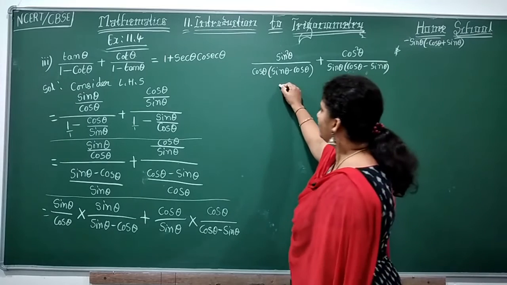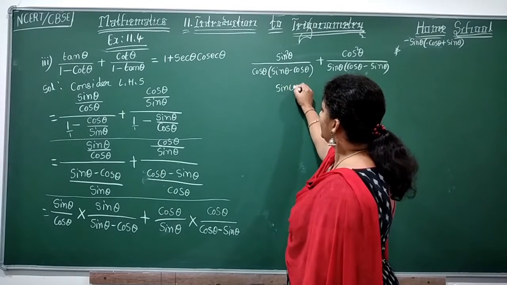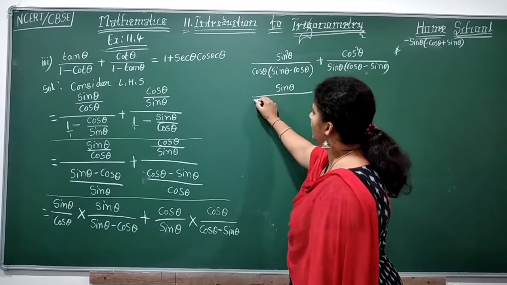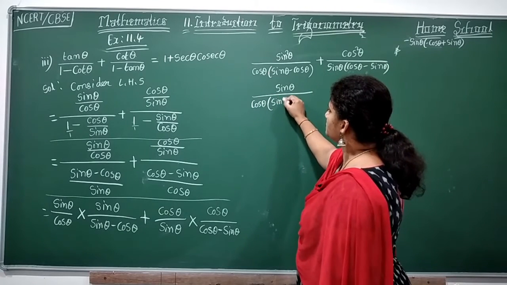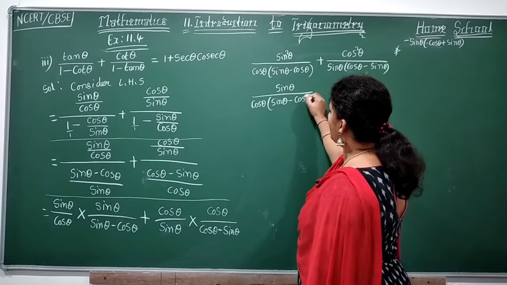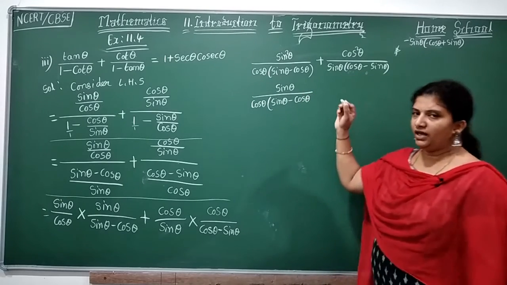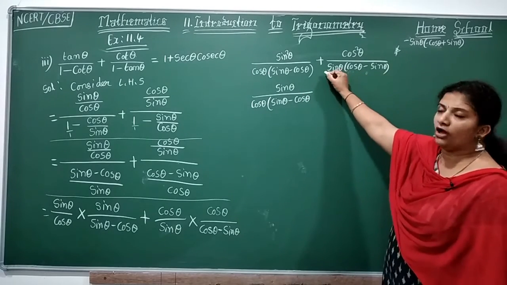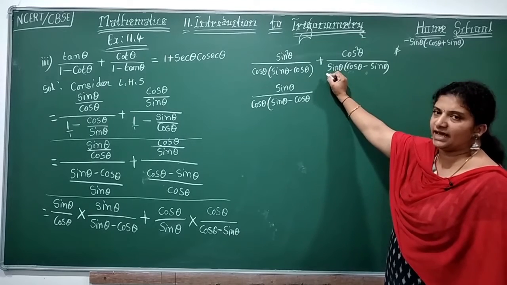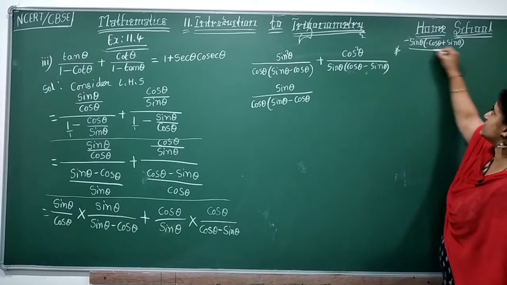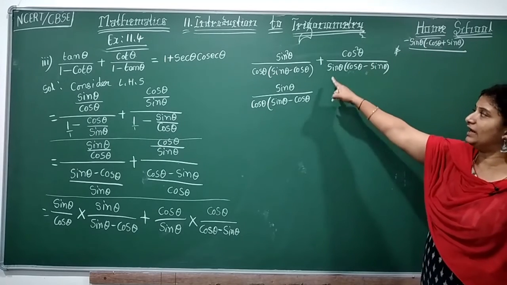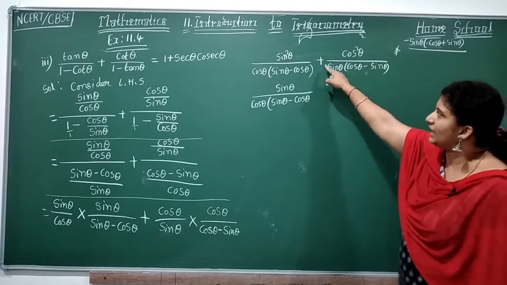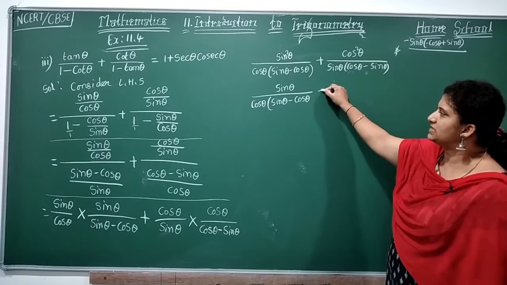So look here carefully. Sin theta by cos theta into sin theta minus cos theta. Now look here carefully children. Denominator I have taken negative sign common. I got this step when I take negative common. That negative I have multiplied to the plus sign.